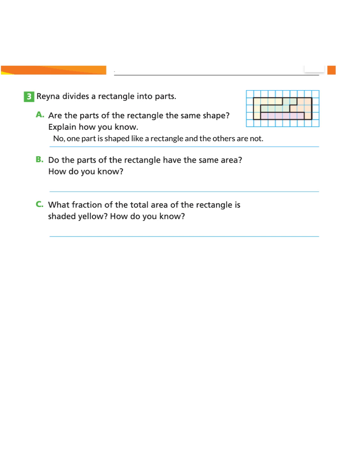How do you know? Well, area is the number of square units. So let's take a look. In the pink rectangle, we have 1, 2, 3, 4, 5, 6. So there's 6 for the pink one. Let's look at the yellow. We have 1, 2, 3, 4, 5, 6.